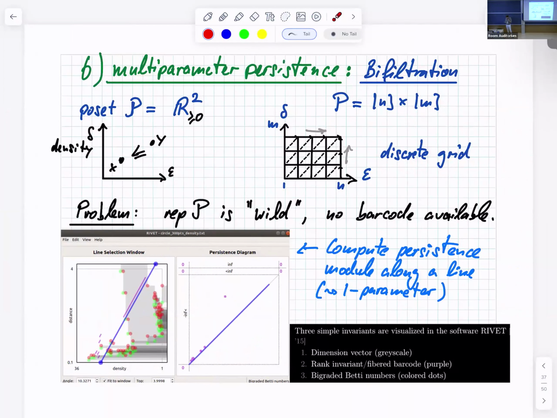One possible way to do that would be to go line by line. We look at the module along this line and along that line and here, yeah.